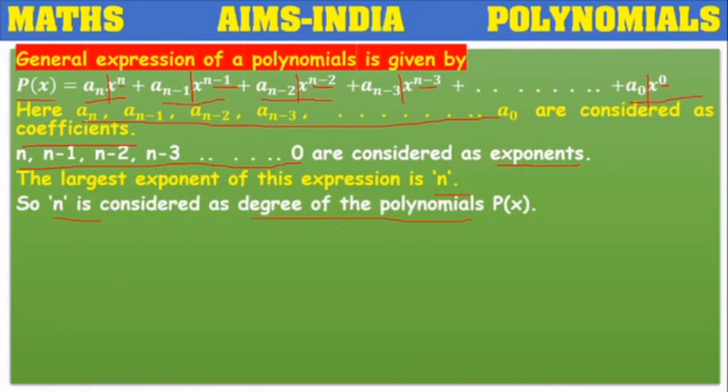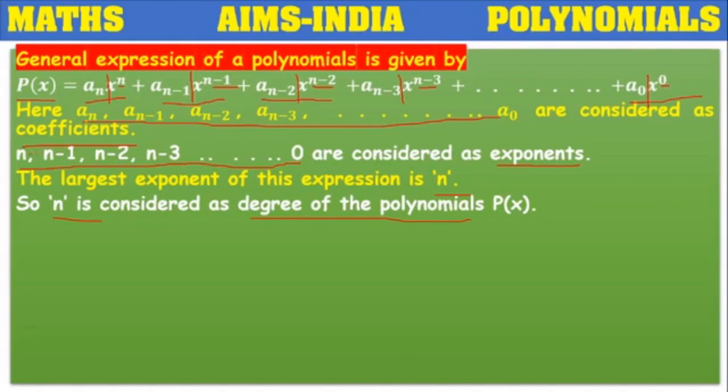Normally, degree means whatever highest power is there. If we check the exponent of each term, the highest exponent, or highest degree of each individual monomial, is considered as the degree of the entire polynomial. Here, as n is the highest compared to all other exponents, n is the degree of the polynomial.